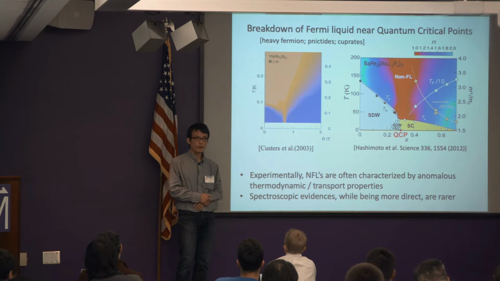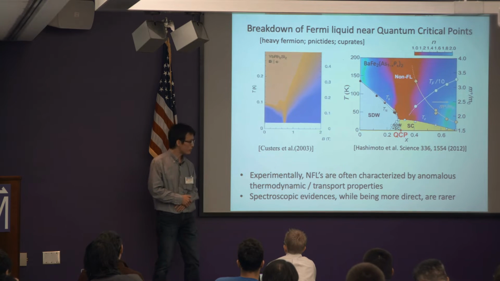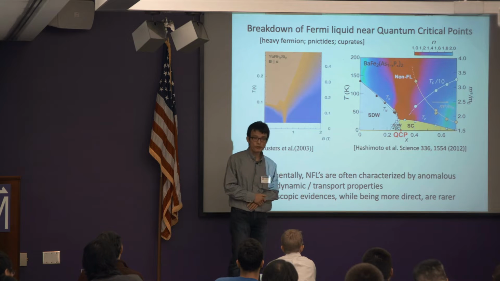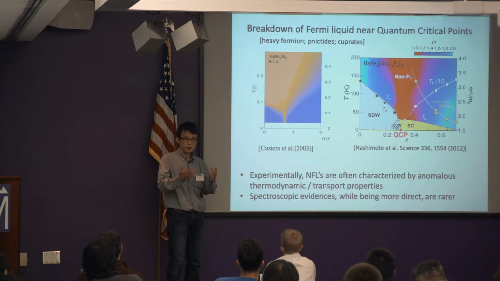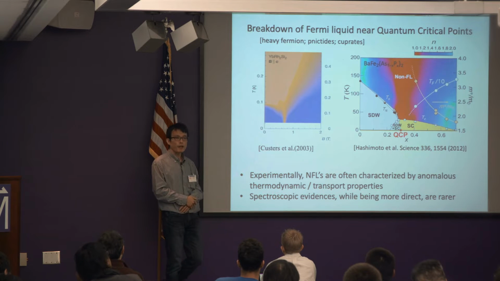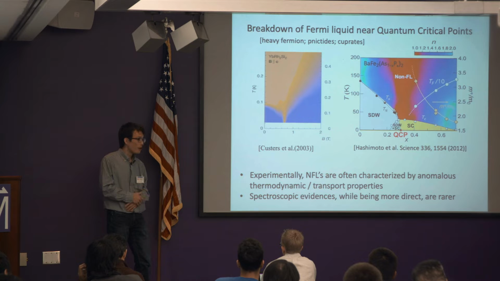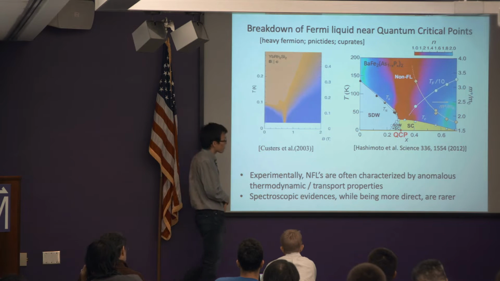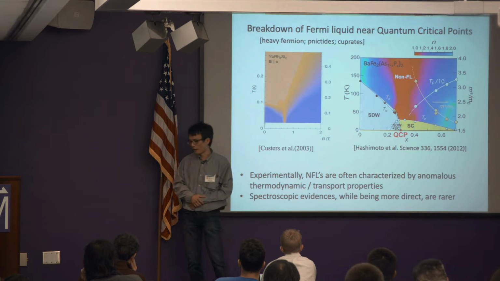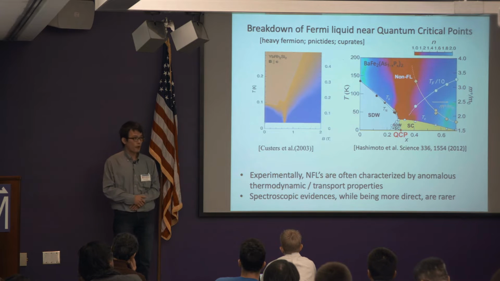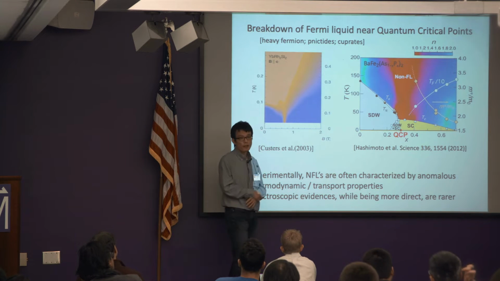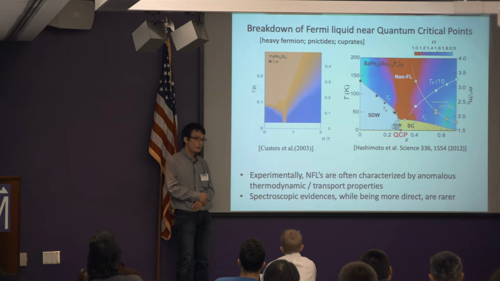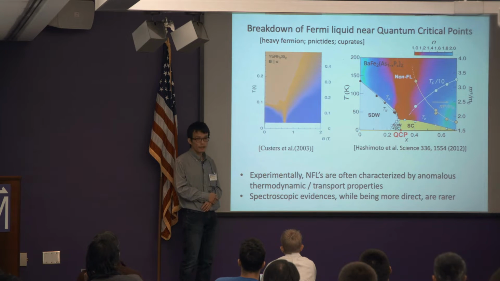And if the quantum phase transition is a continuous transition, then at the critical point, the order parameter associated with the broken symmetry becomes gapless. And because of that additional gapless mode, electrons interact more strongly compared to a Fermi liquid, and that's where non-Fermi liquid states are usually realized.